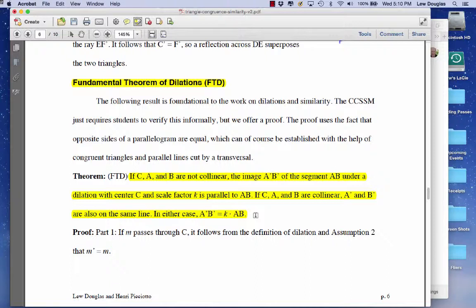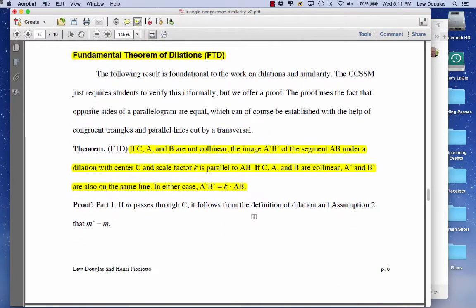Case one is if the segment lies on a line from the center, then the image will lie on that same line and will be stretched by a factor K. If the segment is not collinear with the center, then it won't lie on the same line, but it will be parallel. The image will be parallel and will be stretched by a factor K. That's a really important theorem of dilations, and that's what enables us to prove a bunch of things.